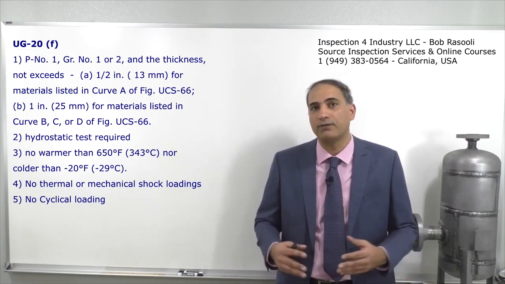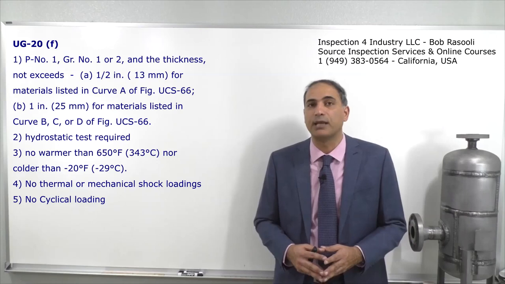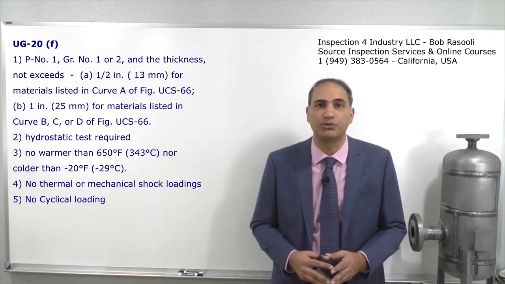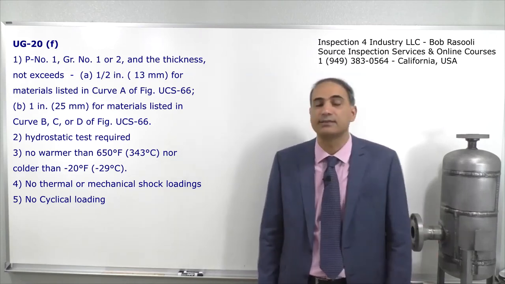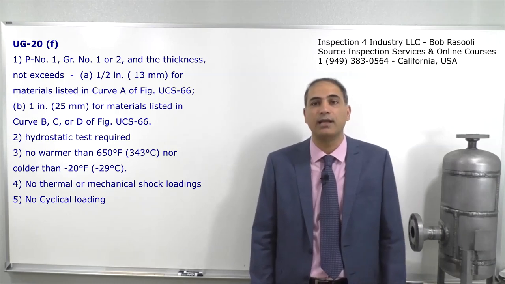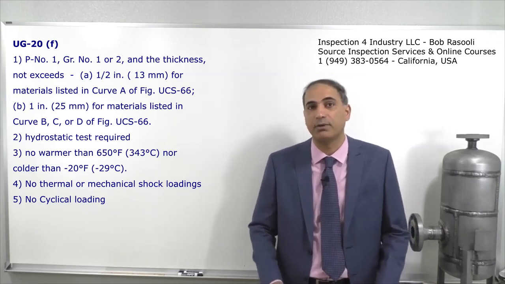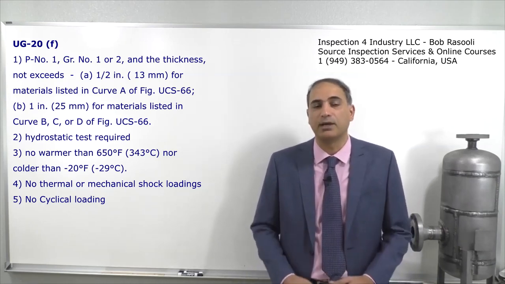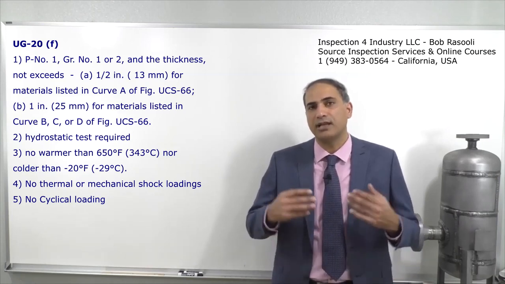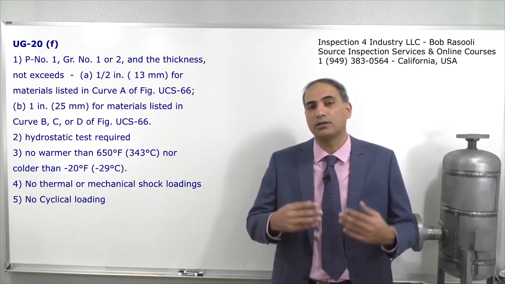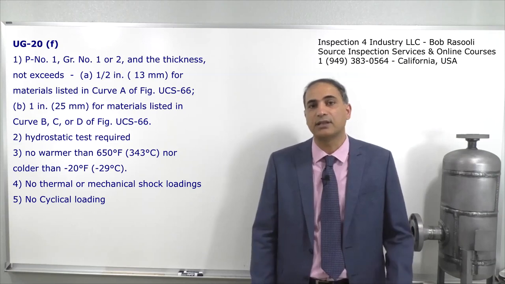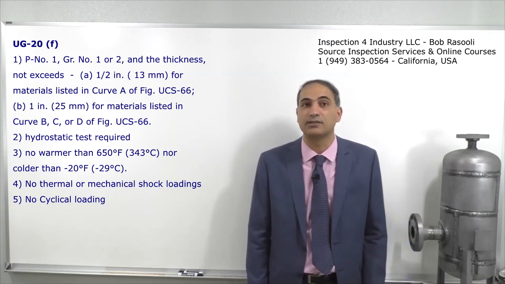So for curve D, we can get exempted from the impact testing up to 1 inch, but our thickness is 3.25 inch. So we can't get exempted by the first item, but just assume it's okay, we want to review the other conditions as well. The second condition says hydrostatic testing is required.